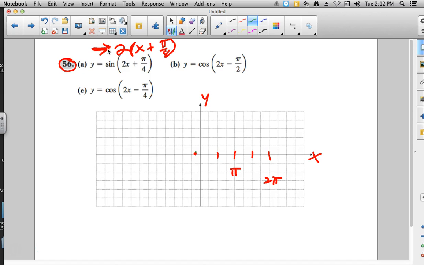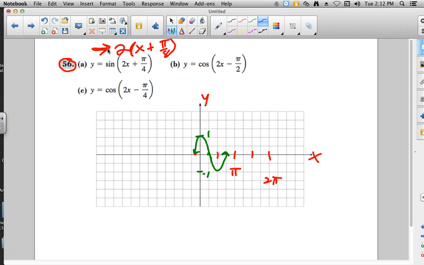Well, since it's been shrunk in the horizontal direction, not the vertical direction, I'm still going to go up to 1, and down to negative 1. But I have to think about how now this is what's going to be split into 4 pieces. So high, low, and there it is. So now I want to find another graph that would do that.